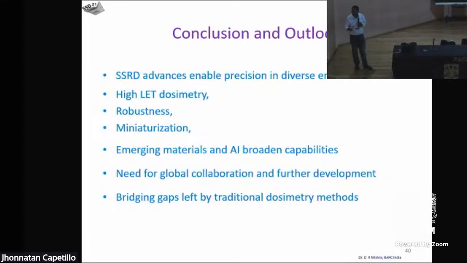Since morning, we have seen a couple of presentations where density functions and material development have been addressed very nicely. These are the building blocks from where we get the TL and OSL characteristics. Need of global collaborations. It's not the task of a single institute or single country to have an AI-based comprehensive data management system for dosimetry, solid-state dosimetry applications.